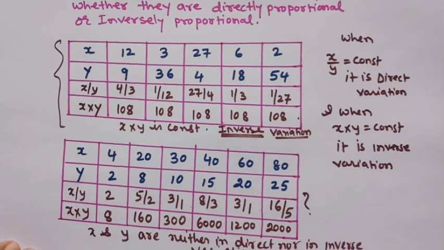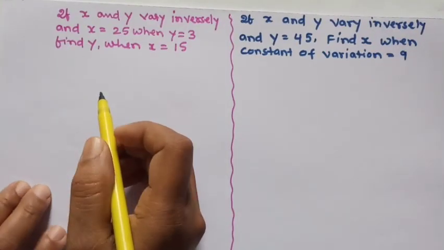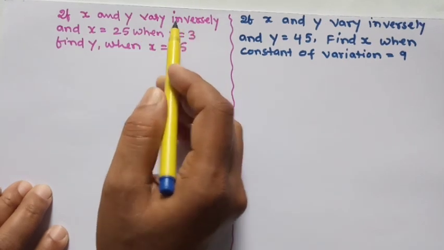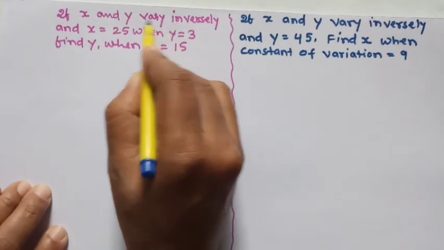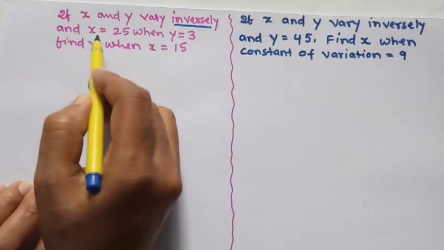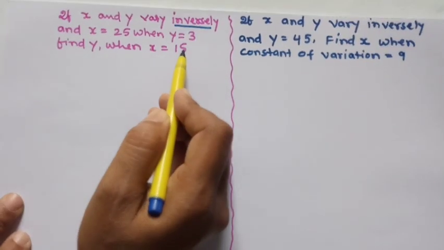Yes children, let us see if x and y vary inversely. Look here, read nicely. X and y vary inversely and x equal to 25 when y equal to 3. Find y when x equal to 15.